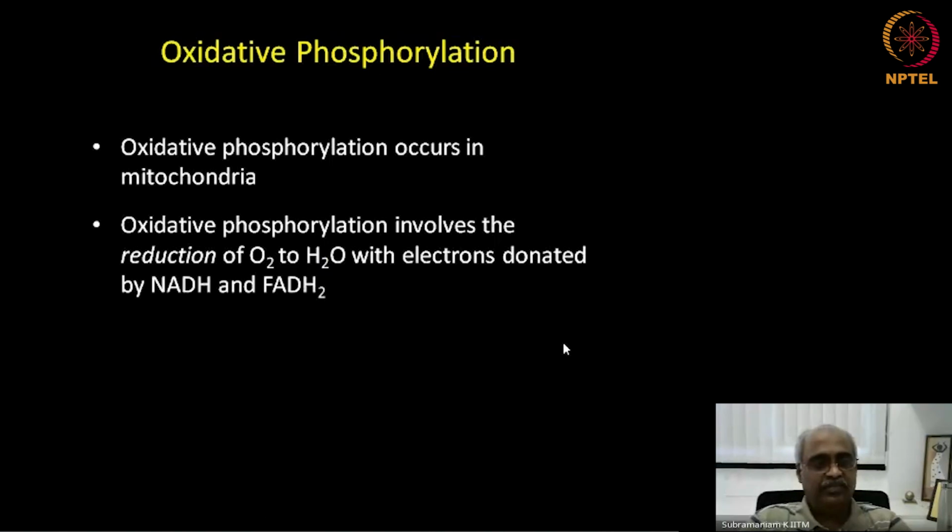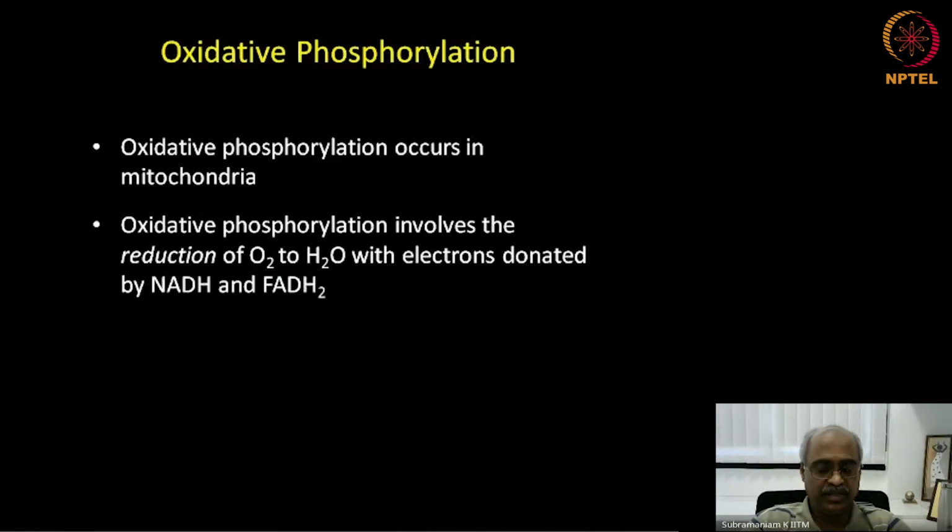So today we'll discuss oxidative phosphorylation. So far we have gone through the TCA cycle, and we have seen the TCA cycle regulation as well. The main outcome of TCA cycle operation is the production of the reduced electron carriers, NAD and FAD in the reduced form, NADH and FADH2.